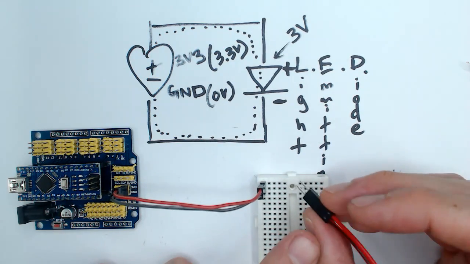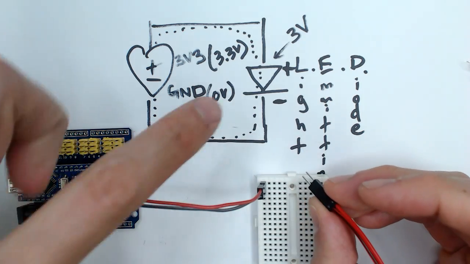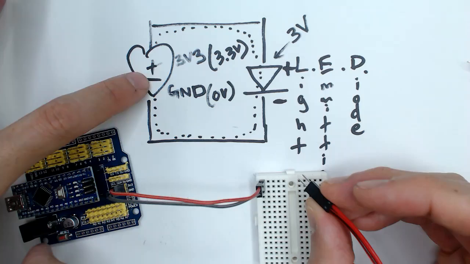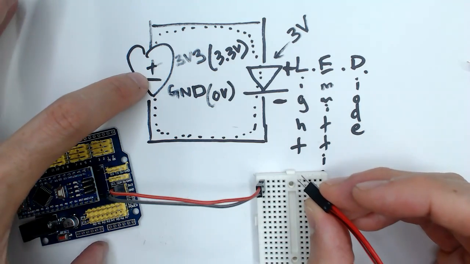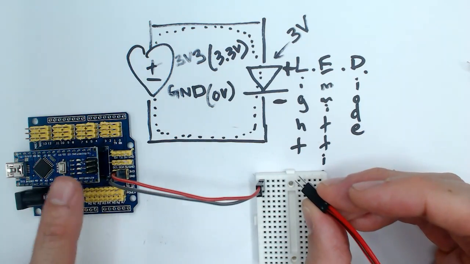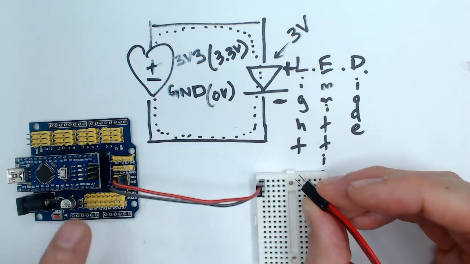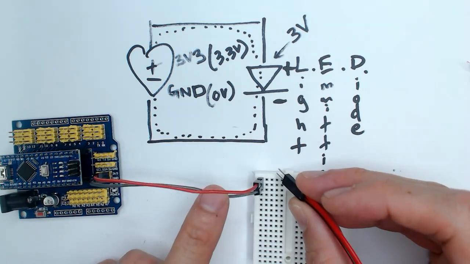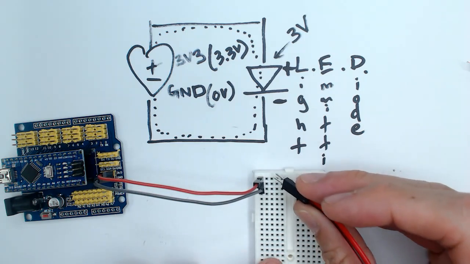So if the black is minus, then that means the minus needs to connect to the minus of the battery, which is being created through the brain right here. So the minus needs to connect to the gray. So let's stick this in.